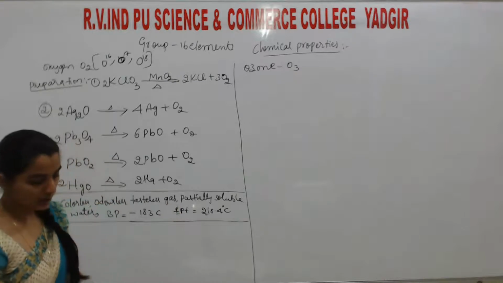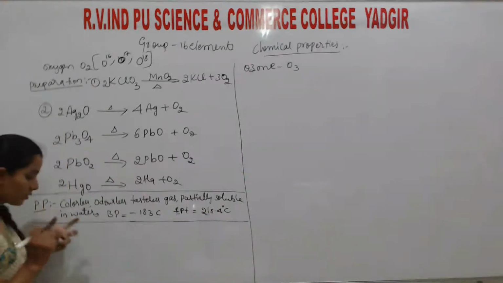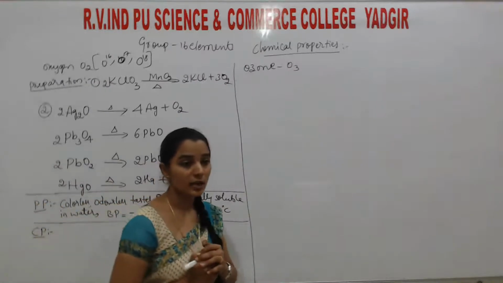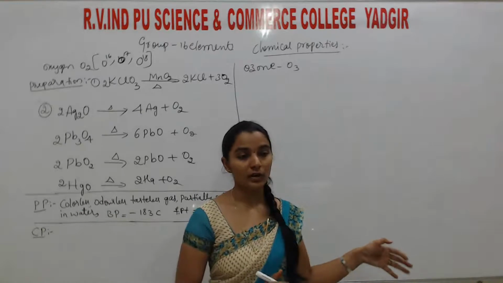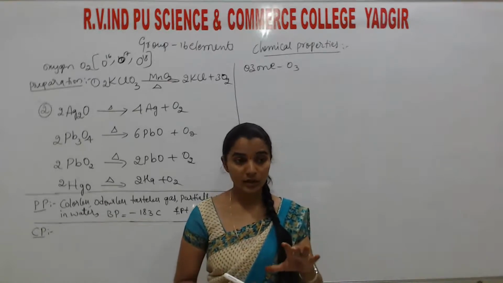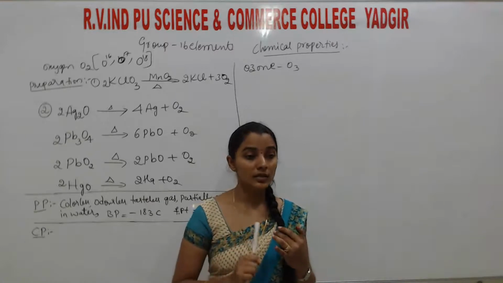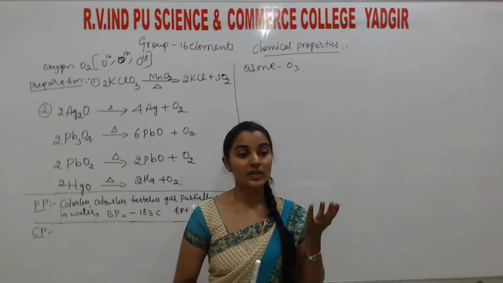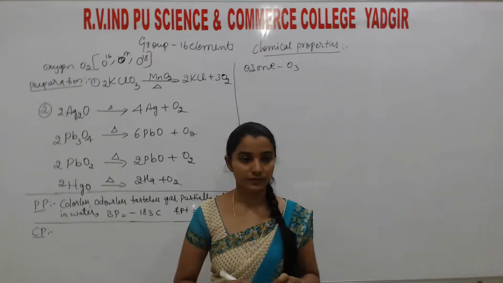Next one is chemical properties. Students, you know that oxygen is not a combustible gas. Means oxygen itself cannot catch fire. If hydrogen is there, it catches fire very easily. But in presence of oxygen, the combustion is enhanced.